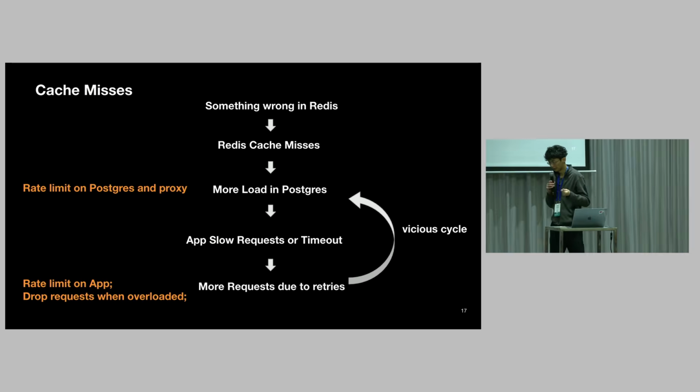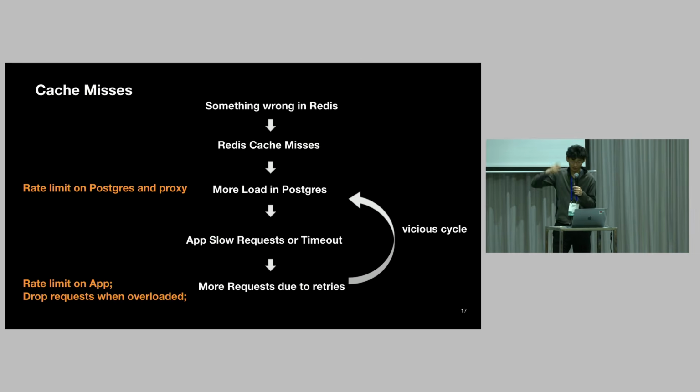The first common thing we saw at OpenAI is cache misses, because usually there's something wrong in Redis, and the Redis cache basically misses, and it increases the load on Postgres because you need to get data from Postgres instead of the cache. Then the queries become slow, the app requests become slow, and then time out. And in the application, if it times out, we retry multiple times, and it generates more requests to Postgres.